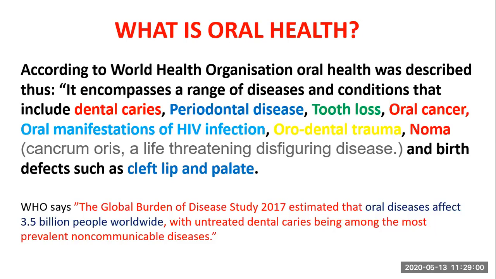So we have, according to WHO, half of that people having untreated oral diseases. You can agree with me that that is a lot. That is very, very huge. So anyone that is dealing with oral health, no doubt, has a lot at hand. So oral health consists, like I said, dental caries, periodontal diseases, and so on and so forth, as identified by World Health Organization.